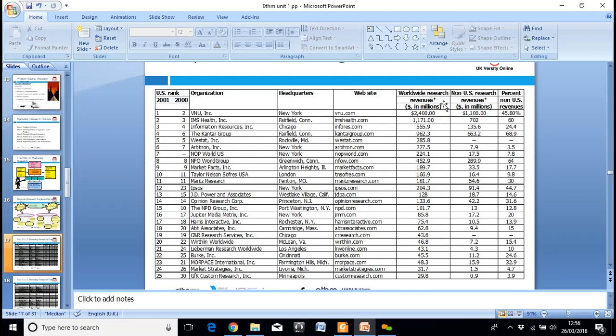So that shows the value of research itself. Taylor Nelson is based in the UK actually, and it's number 10 on the list, and they make 166.9 million a year out of their marketing research.